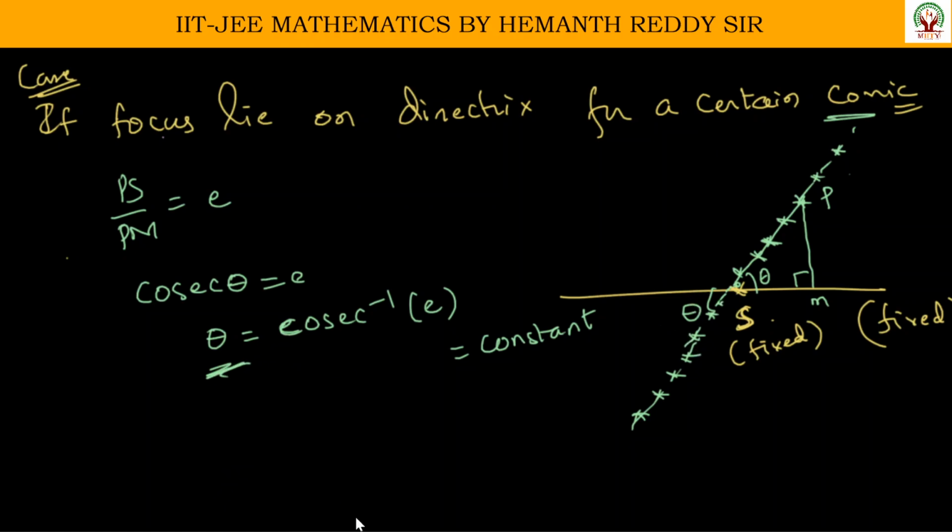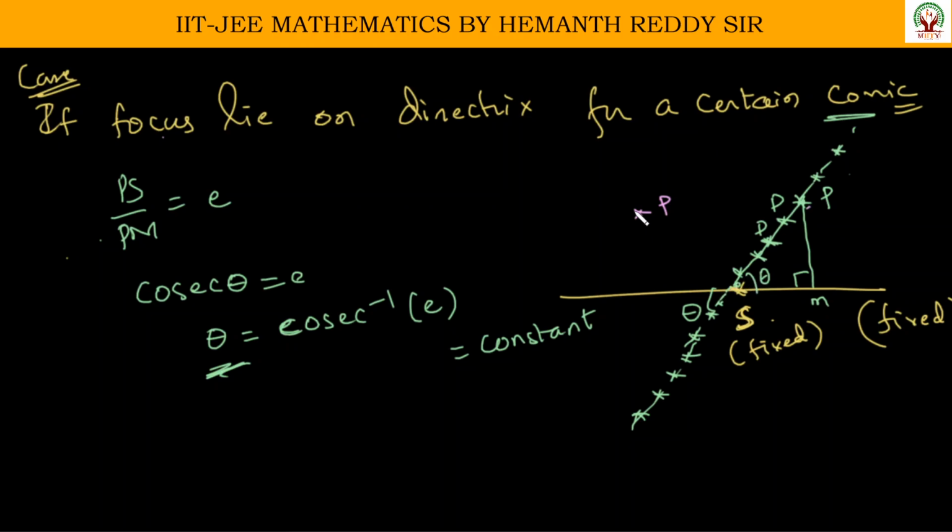ఎందుకంటే ఒక కోనిక్ ఫిక్స్ అవుతే ఎసెంట్రిసిటీ ఫిక్స్ అవ్వాలి. సో if point P is anywhere on this straight line, the theta value will be fixed, and hence the eccentricity will be fixed. And you may have one more case also, something like this. Let's say P is here.